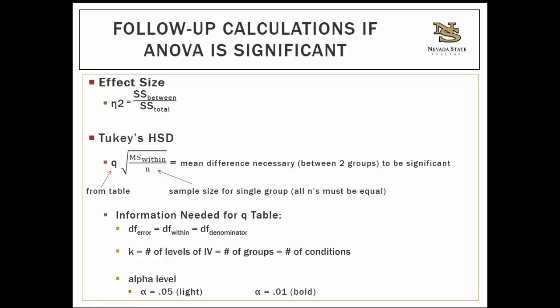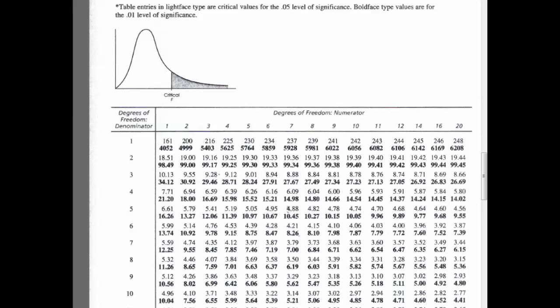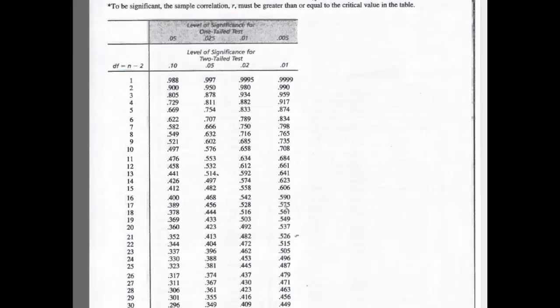So you'll see when you look at the Q table, it's actually, let's see, there's the F distribution. Oh, there's Q, right? There it is. The studentized range statistic. So you'll see that you're looking for degrees of freedom error, which is the same as degrees of freedom within. You'll just find that here. And then K, the number of treatments, or the number of conditions, or the number of groups, or the number of levels.